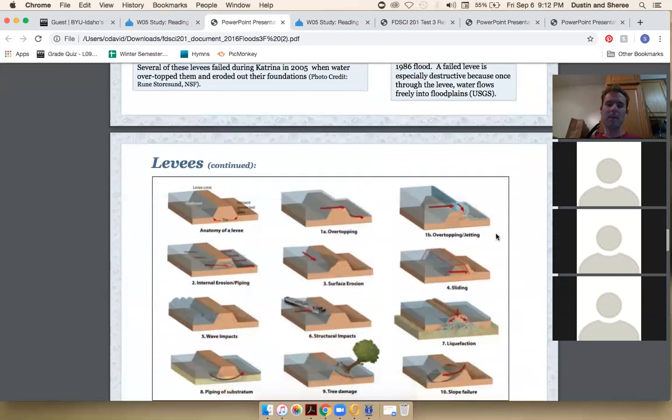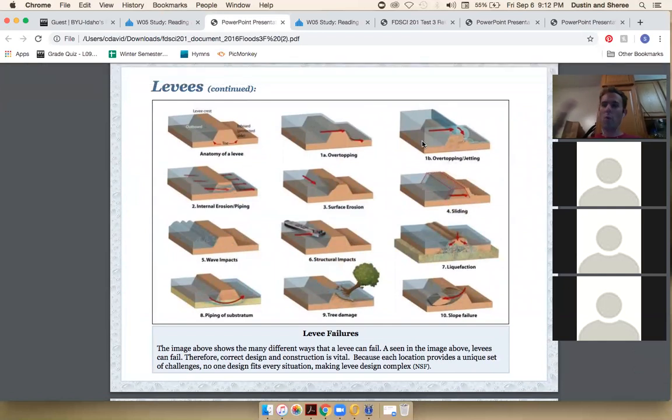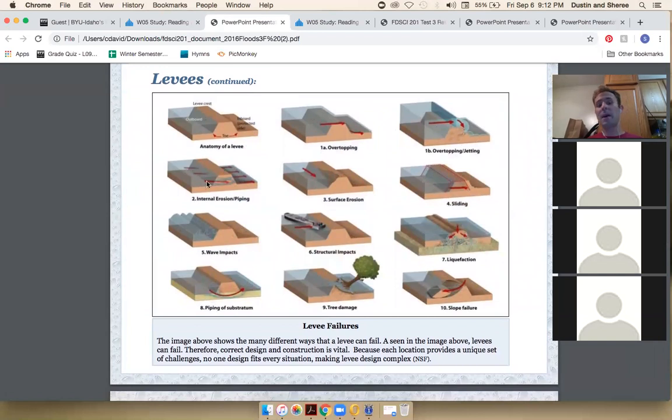Okay. So this is just showing different ways a levee can break. You can get overtopping like this, which is just literally more water than the levee can hold. It's like overfilling your cup of water. Okay. You can get where the levees are permeable, which just means water can travel through the levee.